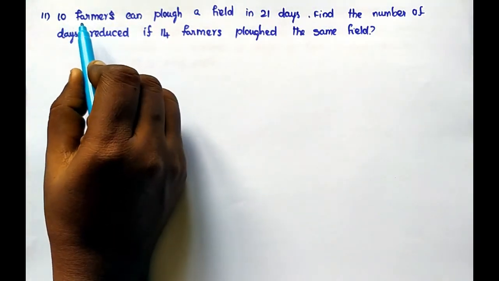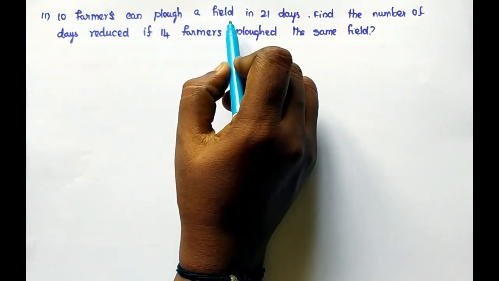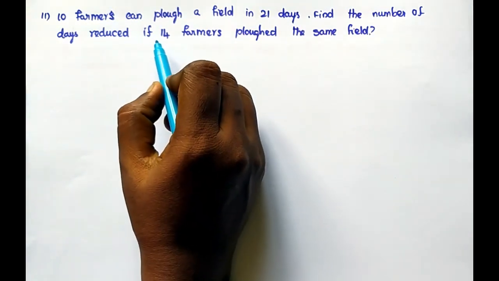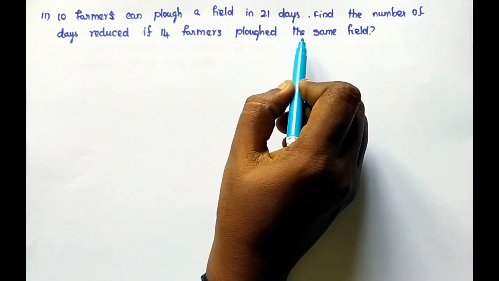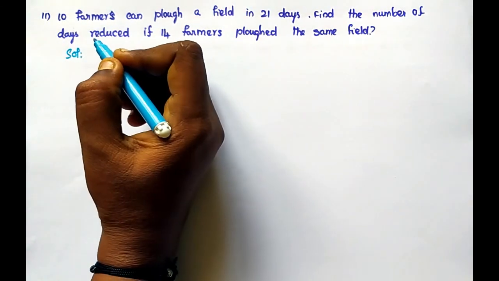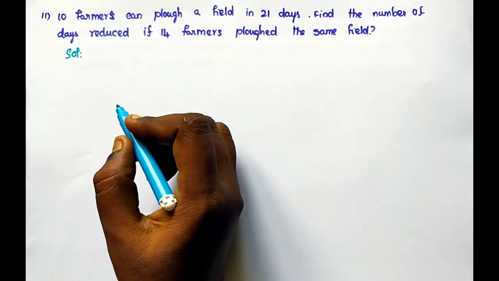11th sum. 10 farmers can plough a field in 21 days. Find the number of days reduced if 14 farmers plough the same field. Number of days, number of farmers.